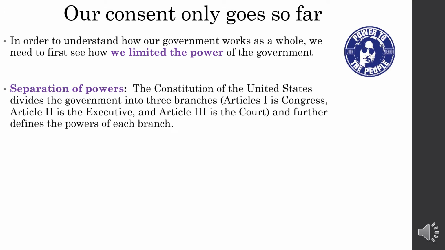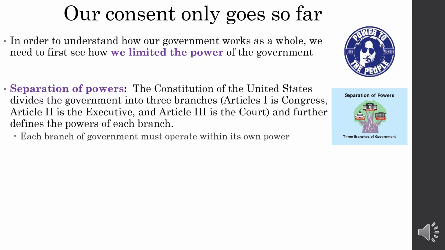The Constitution of the United States divides the government into 3 branches. And yes, you can actually think of separation of powers as 3 branches on a tree of government. Article 1 is Congress, Article 2 is the executive, and Article 3 is the court. And we further define the powers of each branch. But here's the thing.